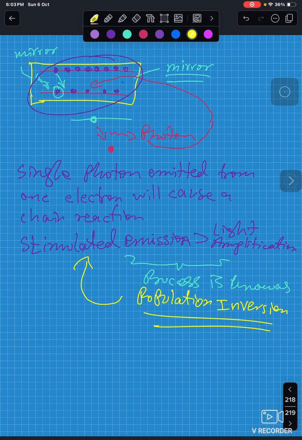Okay, so the two mirrors over here, and this is called a medium, the medium in which everything is done. The main thing here is one electron. Then what will the mirrors do?